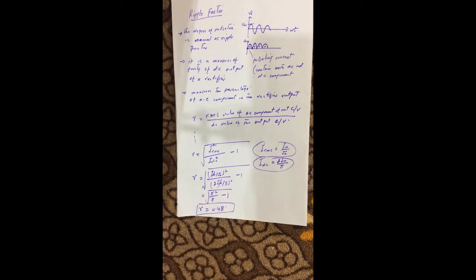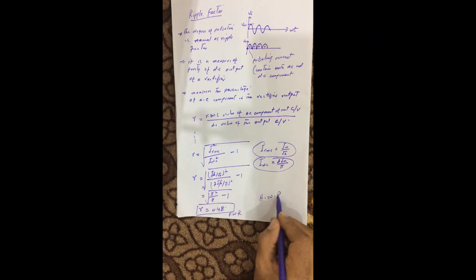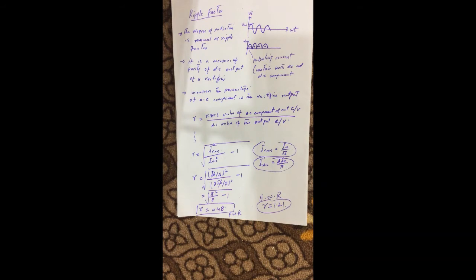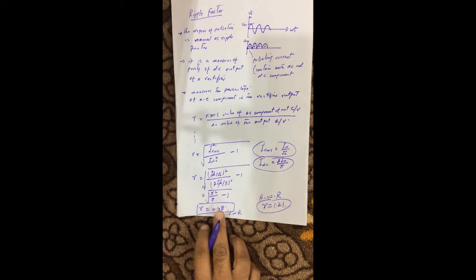This is for the full wave rectifier, while for the half wave rectifier the ripple factor is 1.21, which is much bigger than this one. So it means that in the half wave rectifier, the AC component dominates the DC component, while in the full wave rectifier, the DC component dominates the AC component of the output voltage and current. So this is the ripple factor.